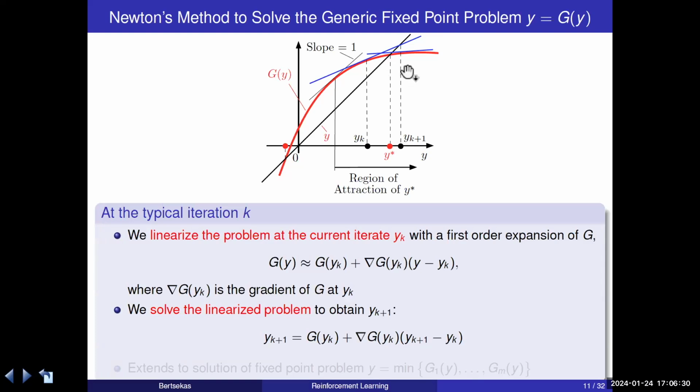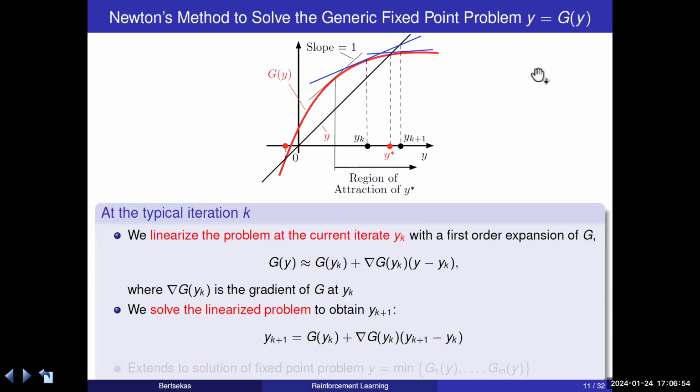And then at yk plus 1, it relinearizes and goes to this point, yk plus 2, relinearize again. And it is evident from this figure that you converge very, very fast once you get close to y star.